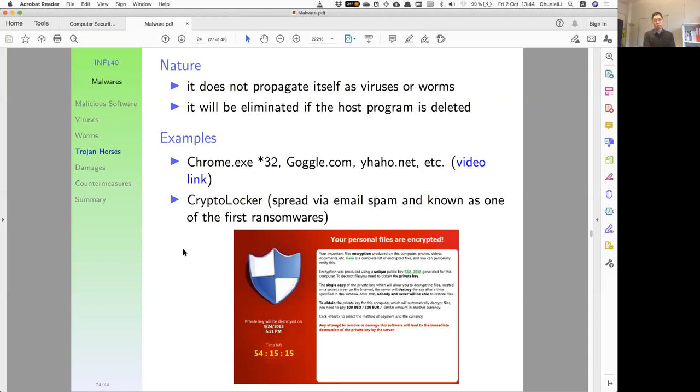And what they do is they encrypt the victim's machine's files, like some pictures, some documents, especially documents and PDF files, because in some cases they're more important than personal pictures to many workers.